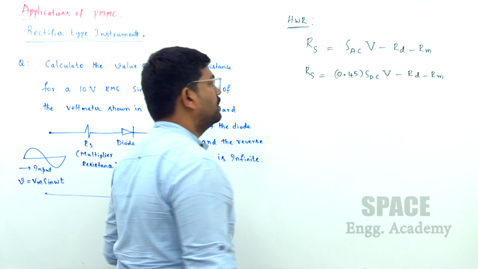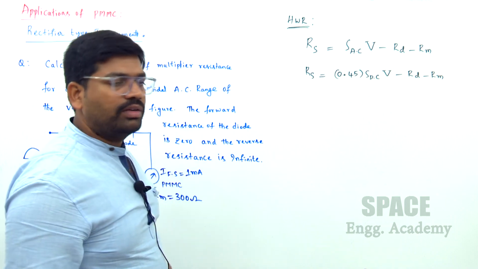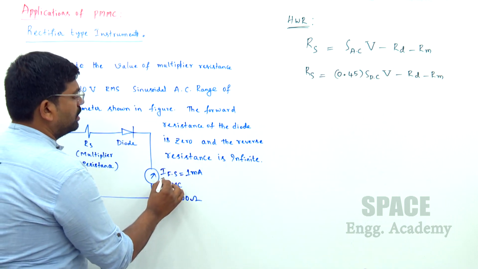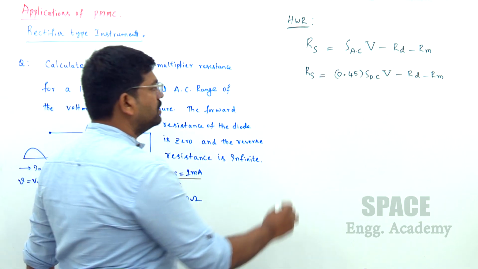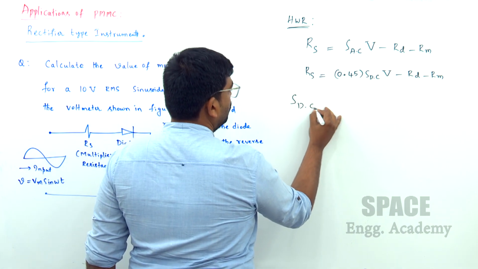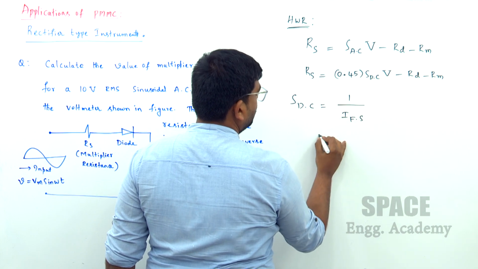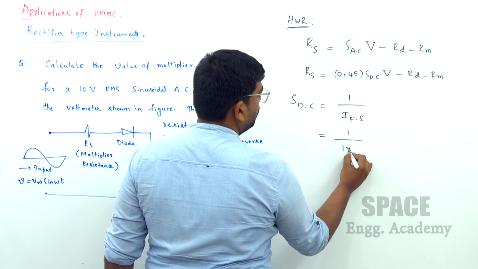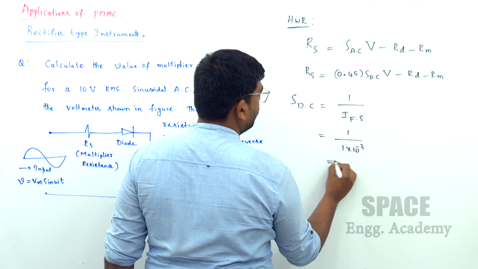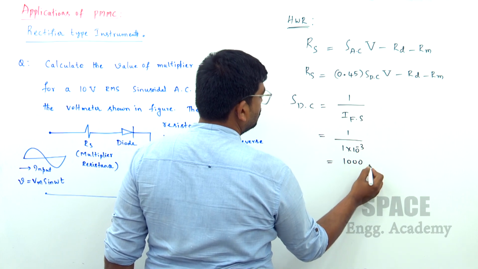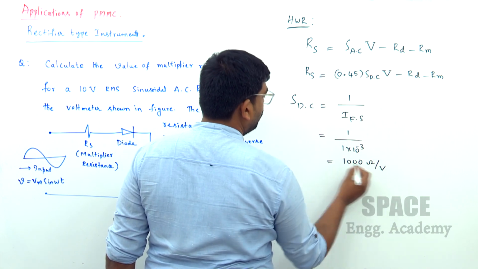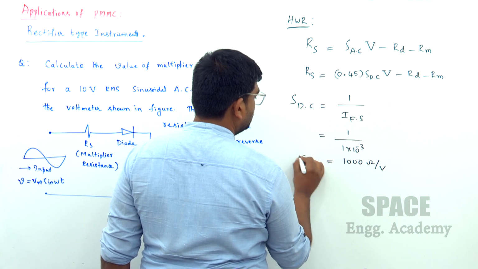Look here, DC sensitivity you can identify from this full scale deflection. What is DC sensitivity here? Which is nothing but reciprocal of full scale deflection of the meter. So 1 by 1 milliampere, we get 1000 ohms per volt. This is DC sensitivity.